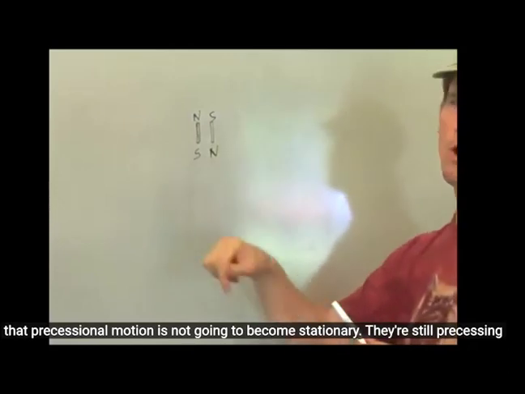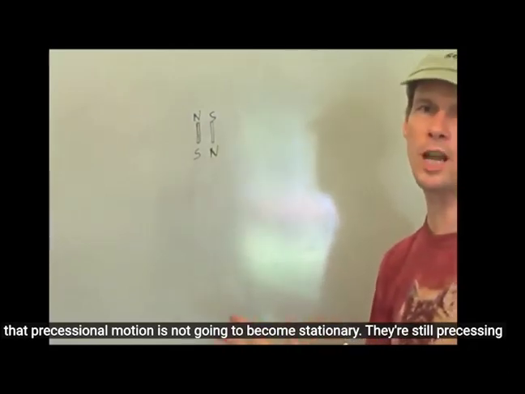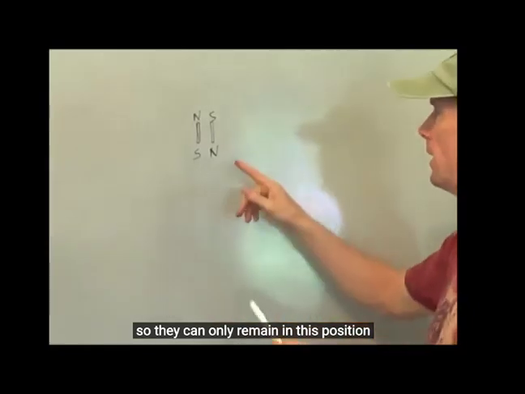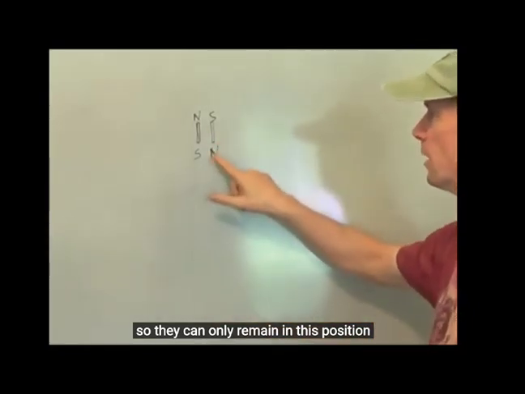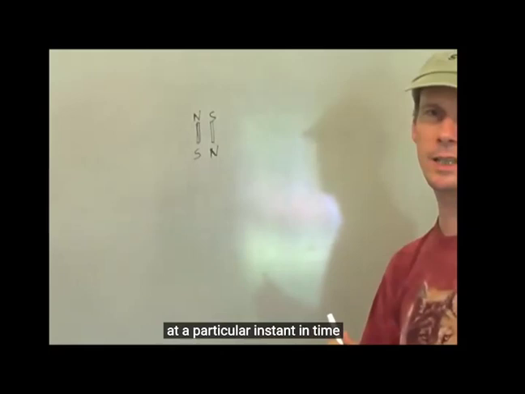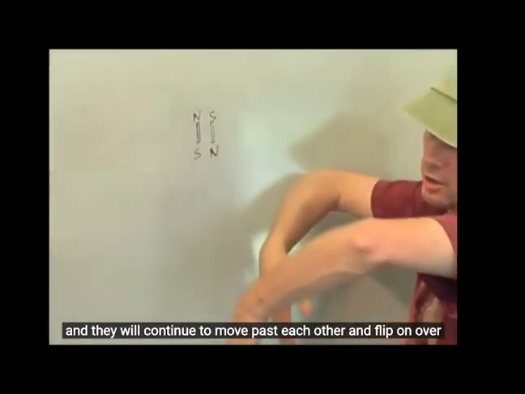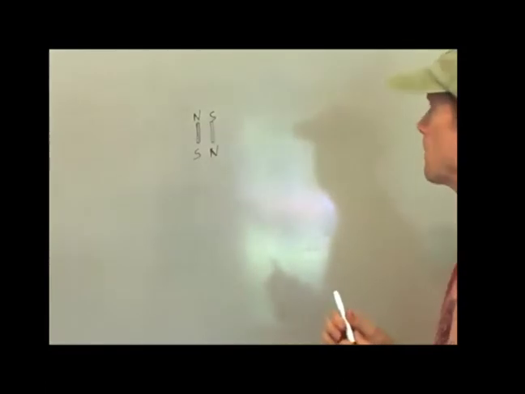That precessional motion is not going to become stationary. They're still precessing, so they can only remain in this position at a particular instant in time, and they will continue to move past each other and flip on over.